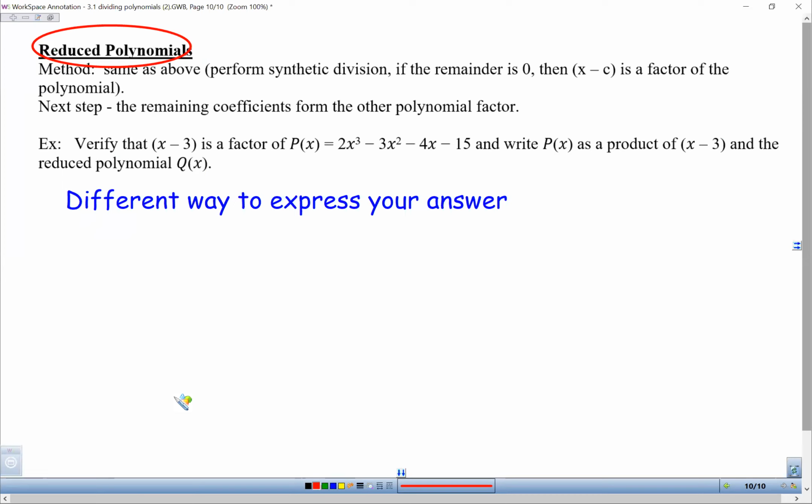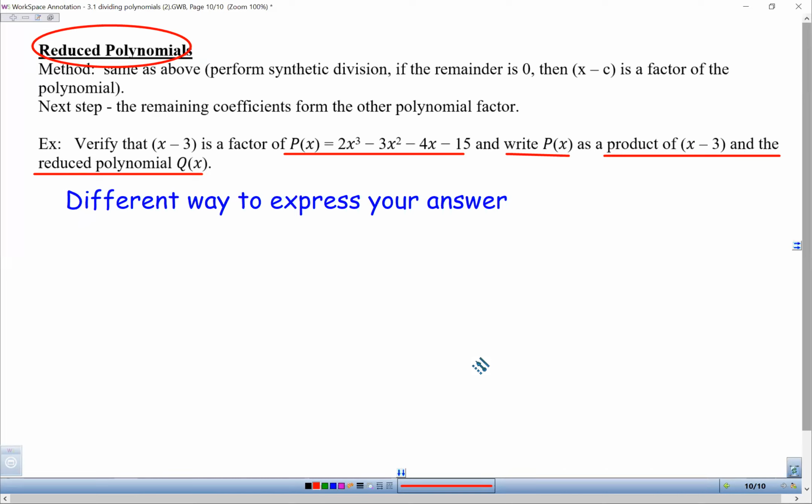Okay, so notice here in this question it says, write p of x, that's our polynomial, here's our polynomial we started with, as a product of x minus 3 and the reduced polynomial q of x. So when we divide, we get something smaller, so it's reduced, and the new polynomial they're calling q.